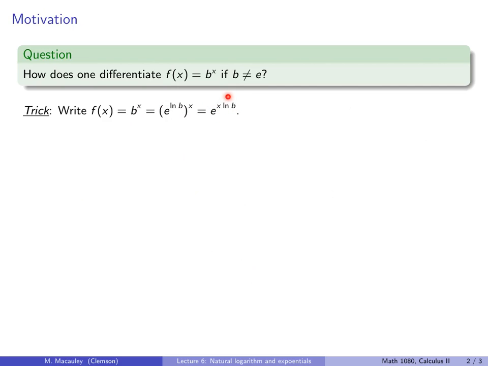And that we know how to define for all x. I don't care if x is transcendental, irrational, or whatnot. Here we're assuming that x is greater than 0.